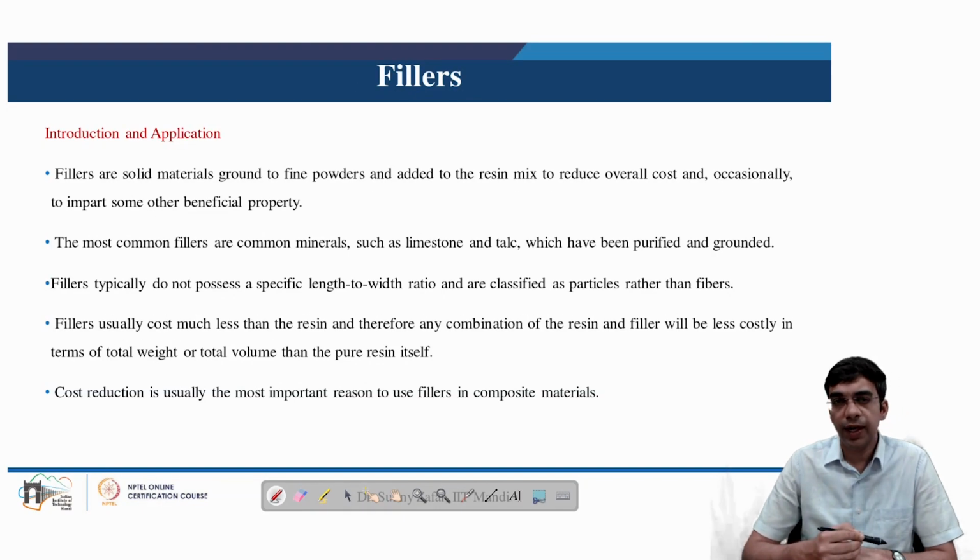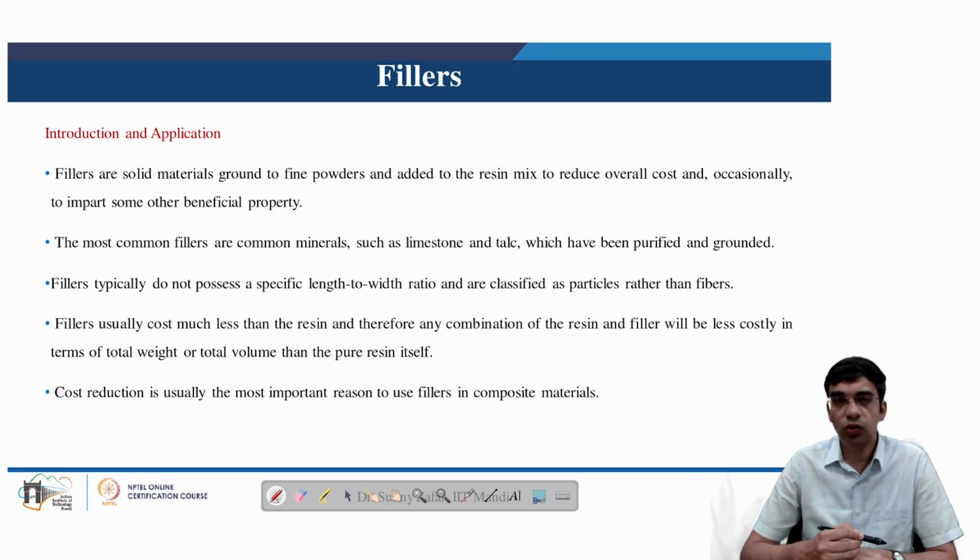The second type of additives in the matrix includes fillers. Fillers are basically solid materials which are ground to fine powders, and they are added to the resin matrix to reduce the overall cost, and occasionally they may also impart some other beneficial property. The most common fillers are materials such as limestone and talc, which are generally added in purified and ground form.